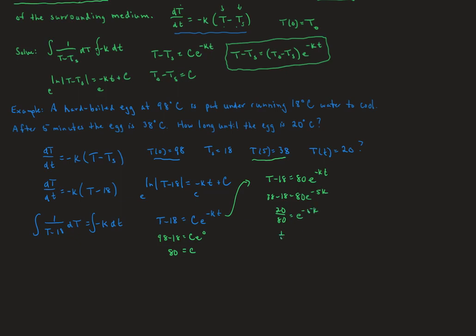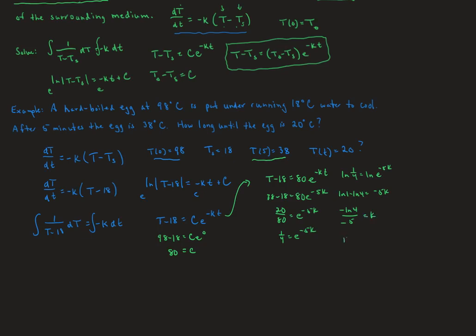So that's going to be 1/4 is e to the negative 5k. We'll take the natural log of both sides, once again giving us an opportunity to flex those logarithm muscles. Natural log 1 minus natural log 4 is negative 5k. Natural log 1 is 0, so we have negative natural log 4 over negative 5 is our k.